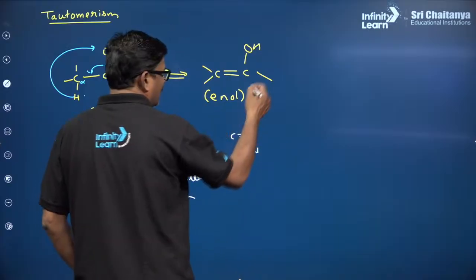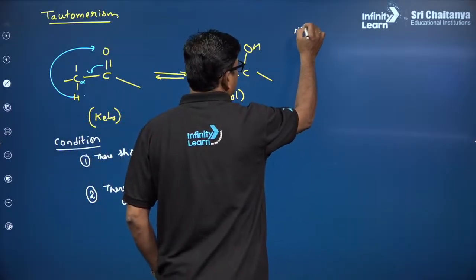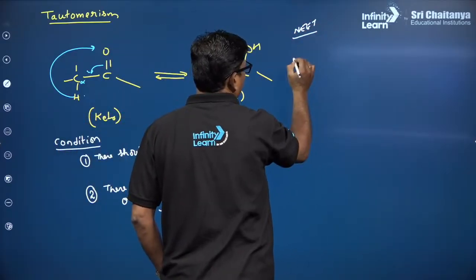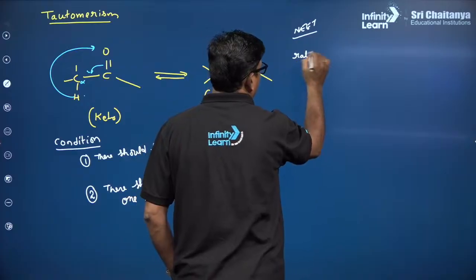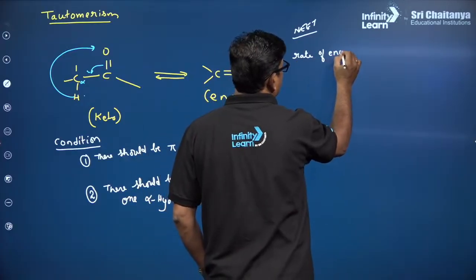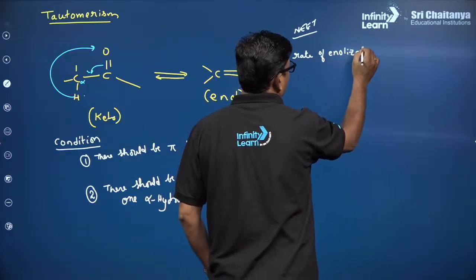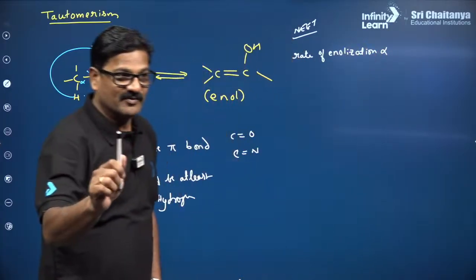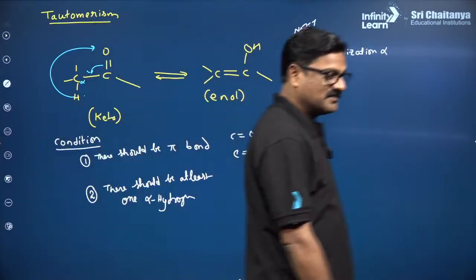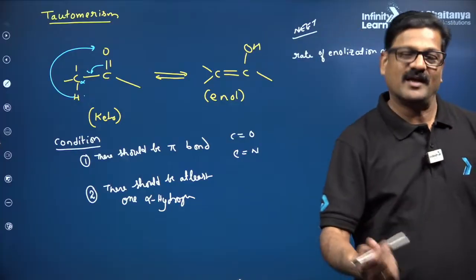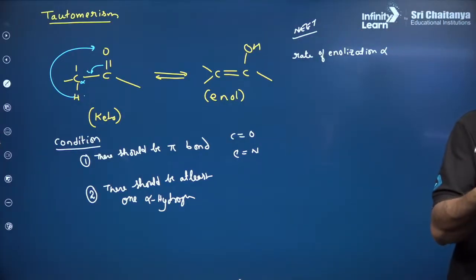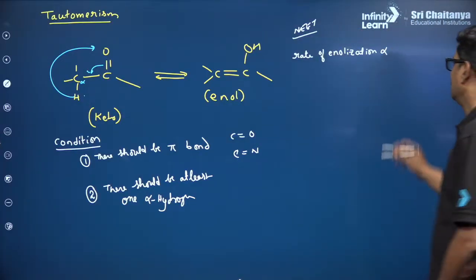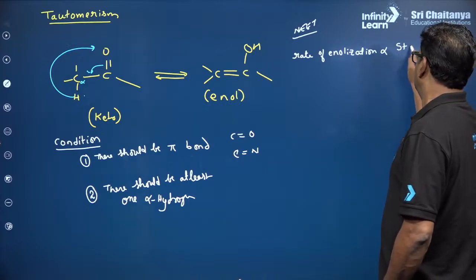And rate of enolization, in the NEET examination there is a possibility of questions like this coming. So rate of enolization is directly proportional to stability of alkene. The alkene which is more stable, that alkene the molecule tries to form more. So how do you decide the stability of alkene?